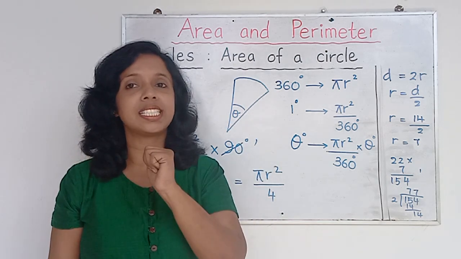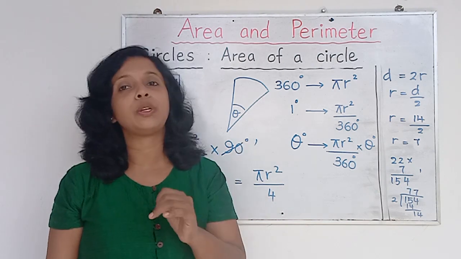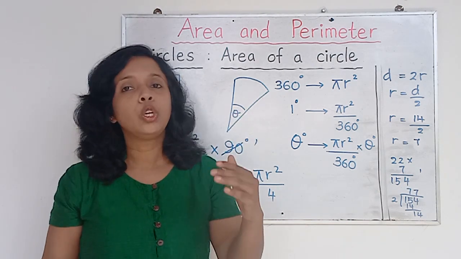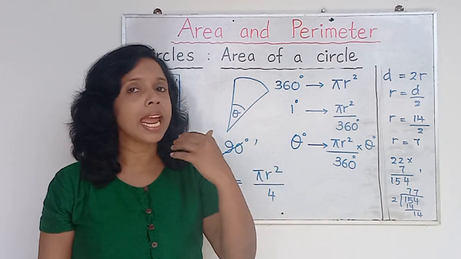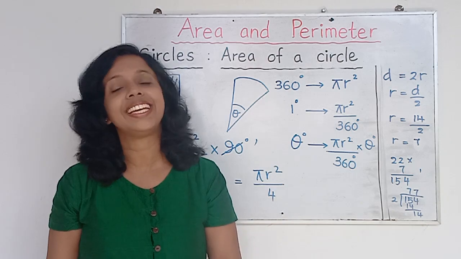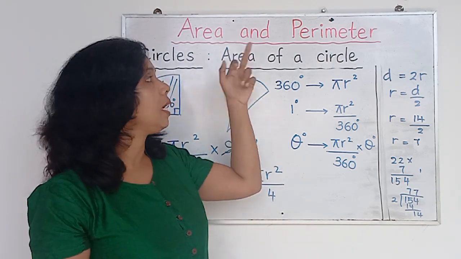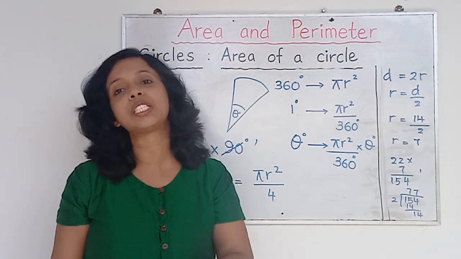If you can't understand this, watch again and again, little bit complicated, but try to understand. When you understand the basic concepts, you can apply them to any figure they give in the exams, right? So we will meet again with perimeter and circumference of circles in the next video.